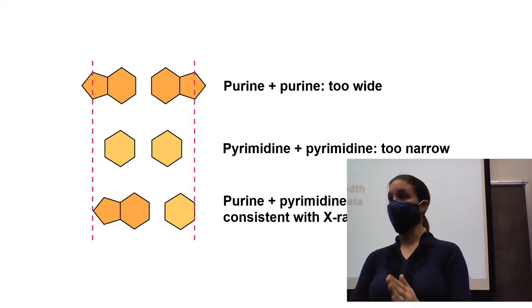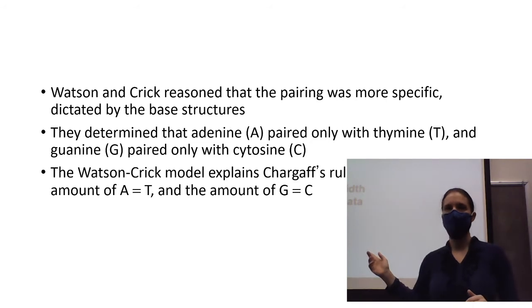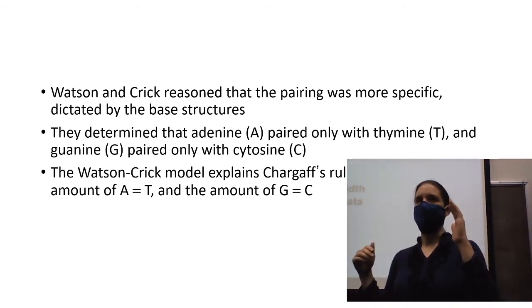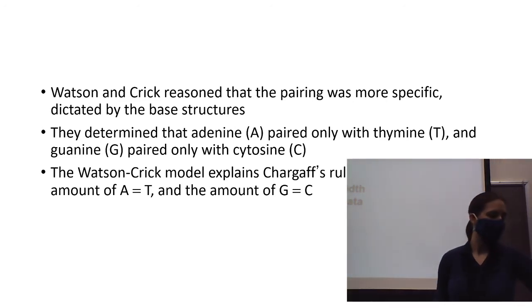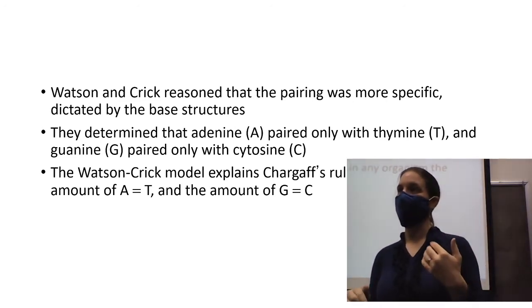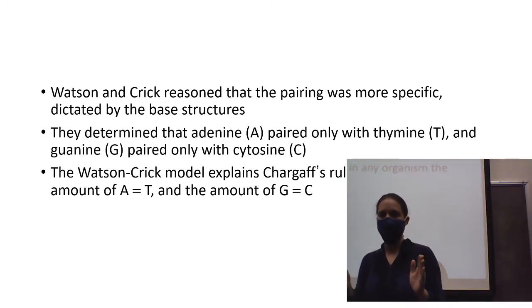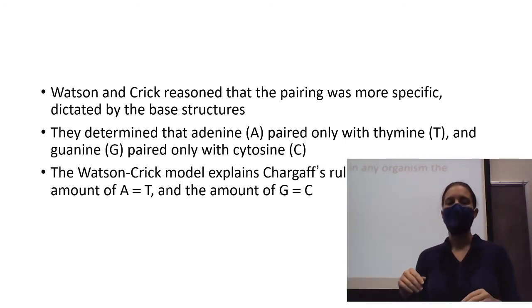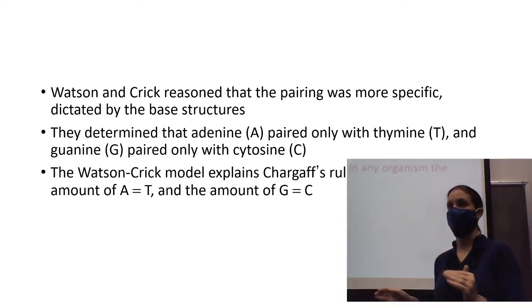And this works beautifully. It's actually more specific than just purine-pyrimidine. They pair in a very specific pattern. So adenine always pairs with thymine in DNA, and guanine always pairs with cytosine, and only pairs with that in DNA. We're okay with this idea?